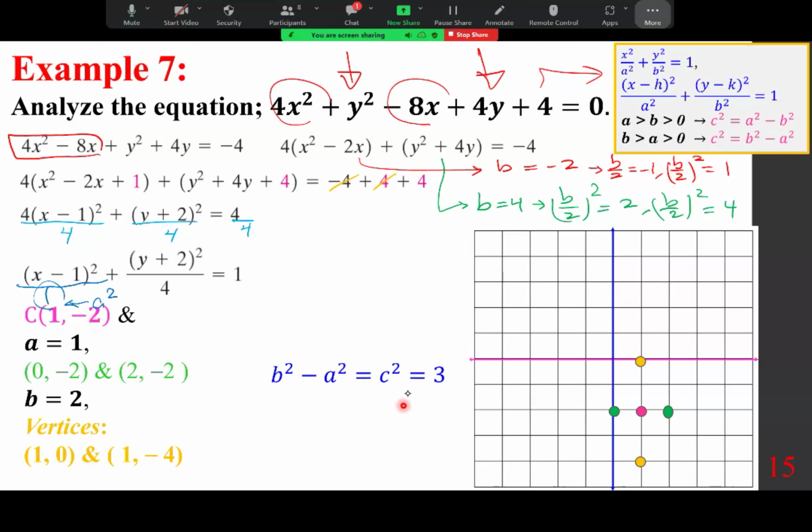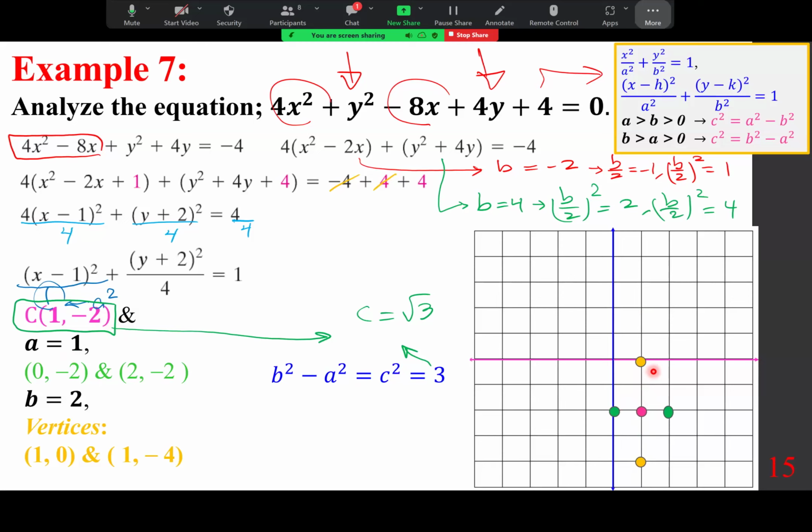To calculate c squared, remember it's b squared minus a squared because b is larger than a, and that makes c the square root of 3. The value of c is square root of 3. So from the center, here's the major axis.